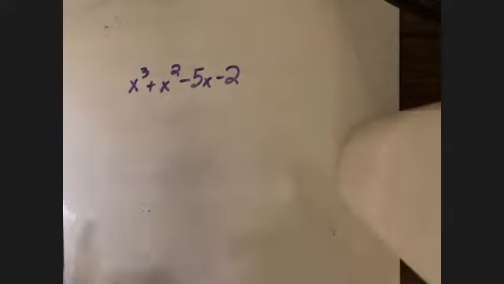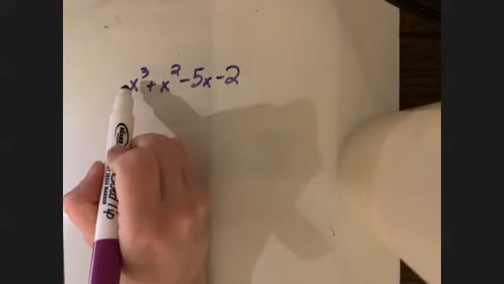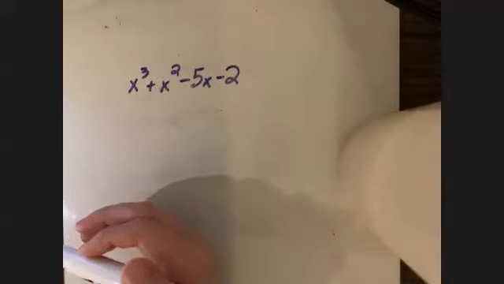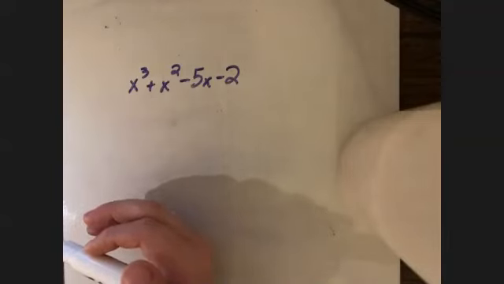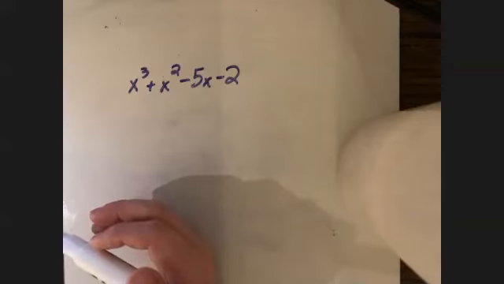So for this one, since I'm at x cubed, if I can find one solution, root, 0, whatever you want to call it, and I do my synthetic division with it, then the resulting answer at the bottom reduces by 1 power. That means it would come down to an x squared. Once you're down to an x squared thing, you can either factor it if it'll factor, or run it into the quadratic formula, either or. So the goal here is I've got to find one root first.